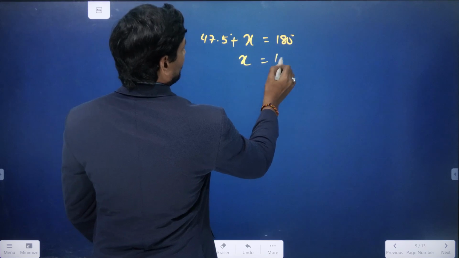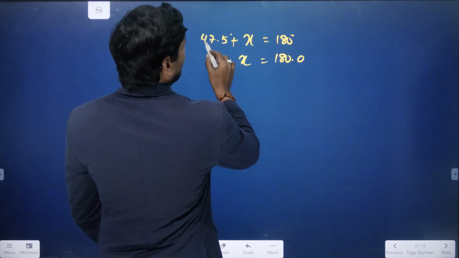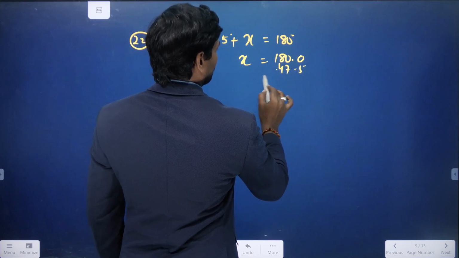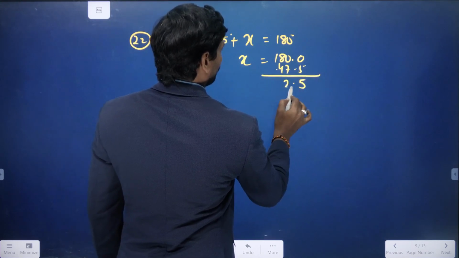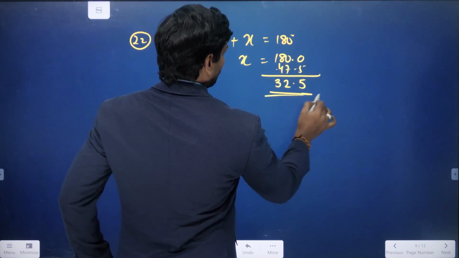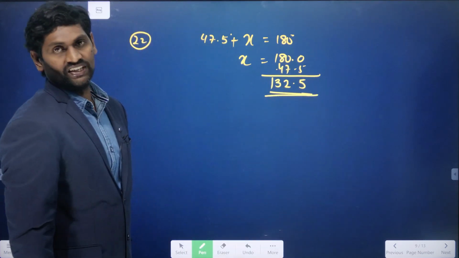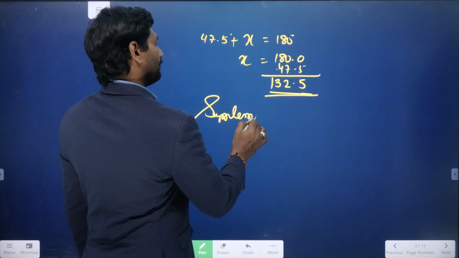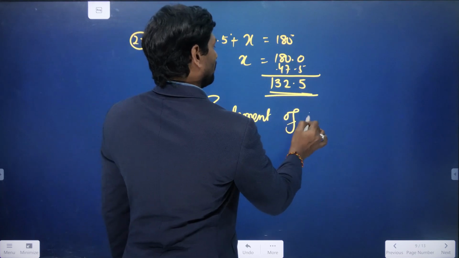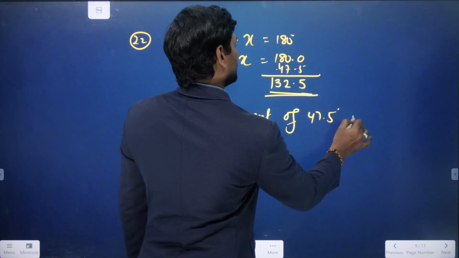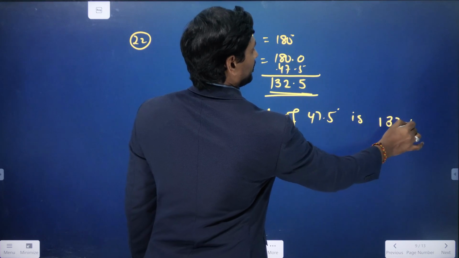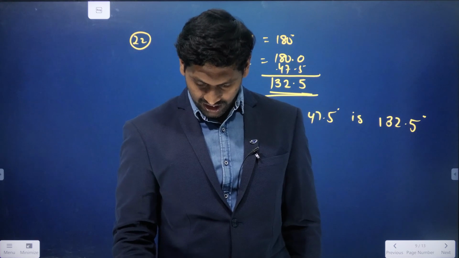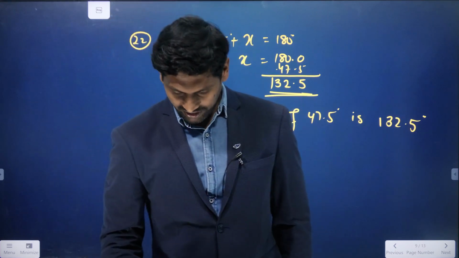Transpose: 180.0 minus 47.5, that means we should do subtraction. So this is 132.5 degrees, the required answer. Therefore, the supplement of 47.5 degrees is 132.5 degrees. Okay? Our required answer is 132.5 degrees.